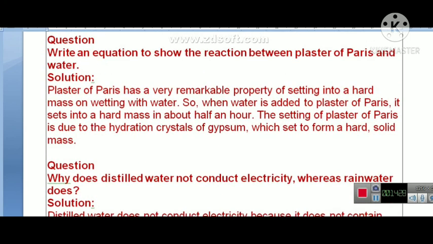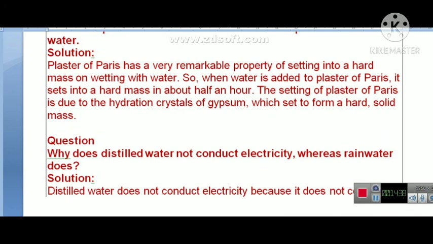Write an equation to show the reaction between plaster of Paris and water. Plaster of Paris has the remarkable property of setting into a hard mass on wetting with water. When a small amount of water is added to plaster of Paris, it gets its specific hardness.